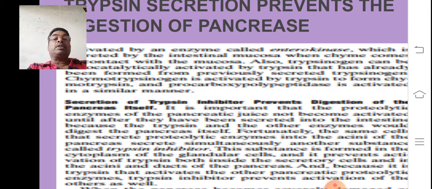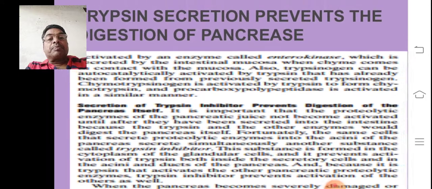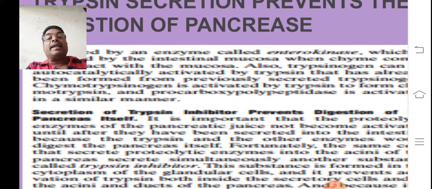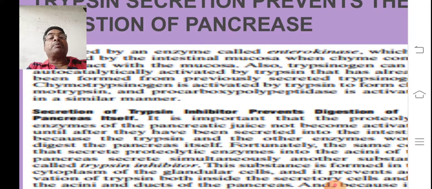Also, trypsinogen can be autocatalytically activated by trypsin that has already been formed from previously secreted trypsinogen. Chymotrypsinogen is activated by trypsin to form chymotrypsin, and procarboxypeptidase is activated in a similar way.